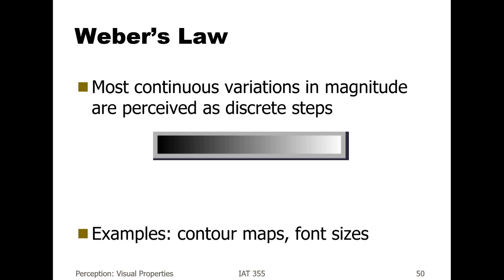The other thing that's an outcome of Weber's law is that most continuous variations in magnitude are perceived as discrete steps. And this has salience in all sorts of things, visually and in other areas. So for example, contour maps, font sizes, and here, this color ramp.